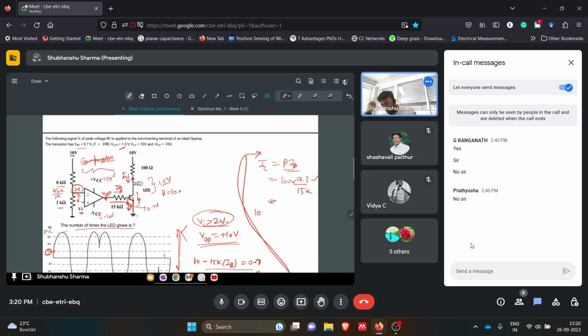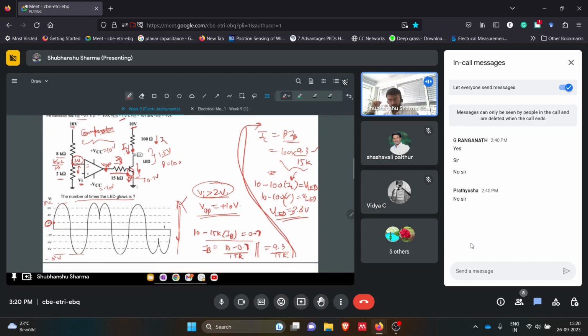So this is 10 volts minus 100 into IC, the IC current flowing in this branch. Let's say this is the LED voltage, VLED. If we use this expression, we will get the LED voltage, and it will be 3.8 volts.